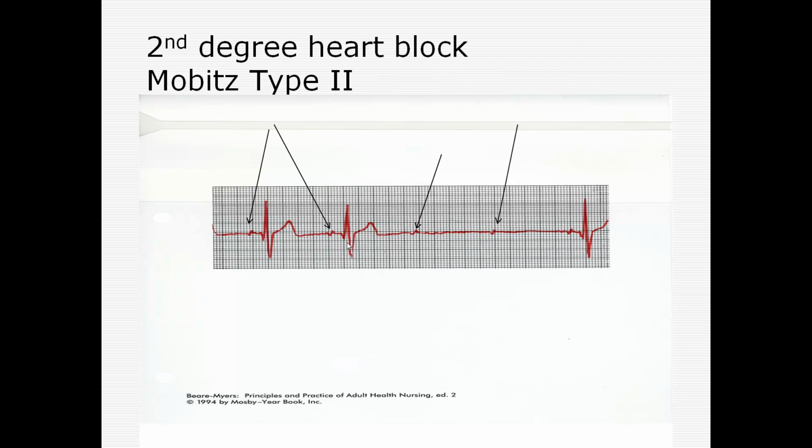Okay, type 2 second-degree block, or Mobitz Type II: the P wave is not getting longer and longer, or anything with the P wave, other than the P wave sends out a message and nothing happens. We just don't have a QRS.